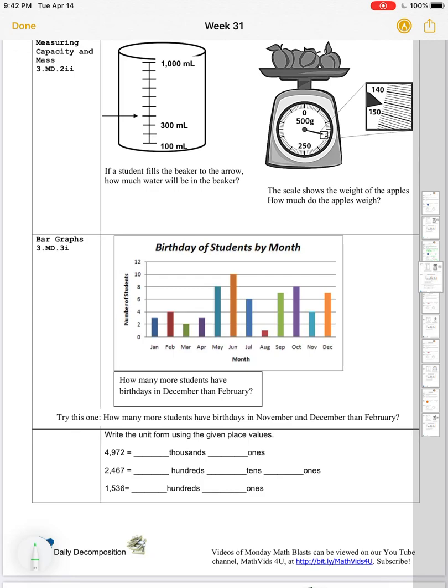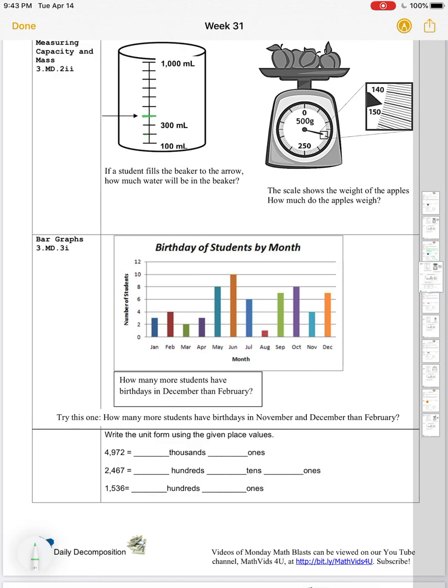On the back side, measuring capacity and mass. If a student fills the beaker to the arrow, how much water will be in the beaker? Well, our arrow is here, and I see that the beaker is at 100 milliliters for the first tick mark, and I have a 300 milliliter, but in between there's one.